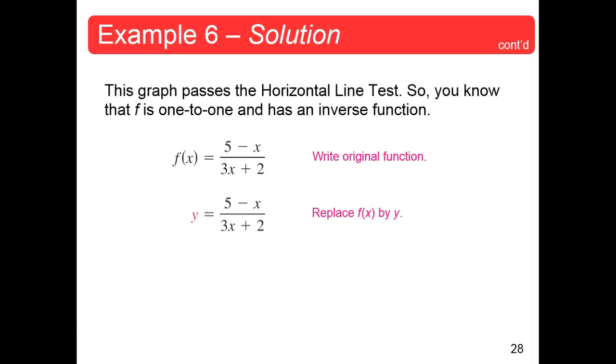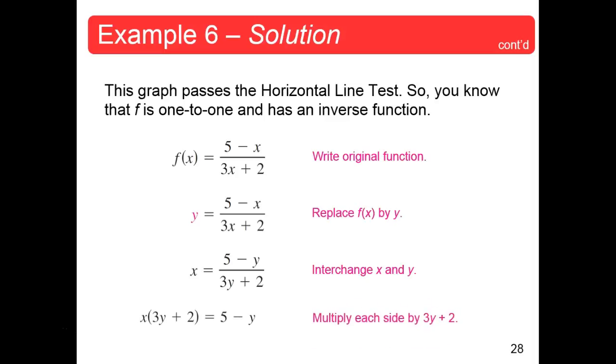What is it? Exchange the x and y, and that's what they do next. There it is. X on the outside, y is on the right-hand side. But now we have to solve for y, so we got to do some work.